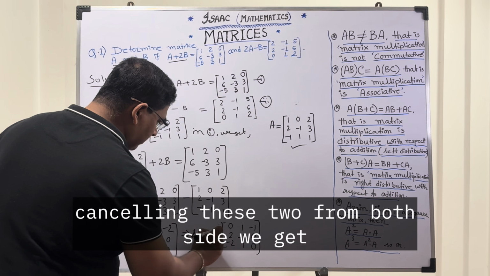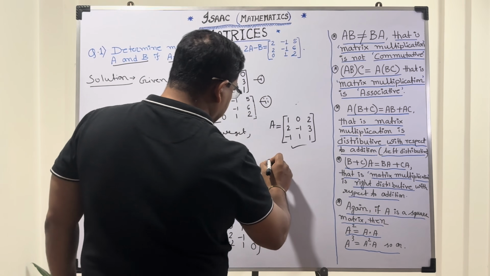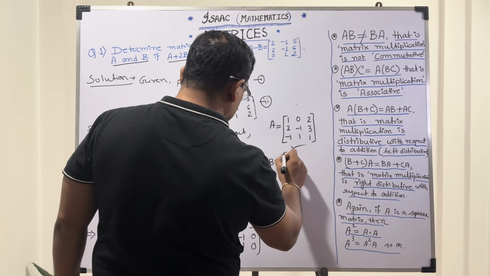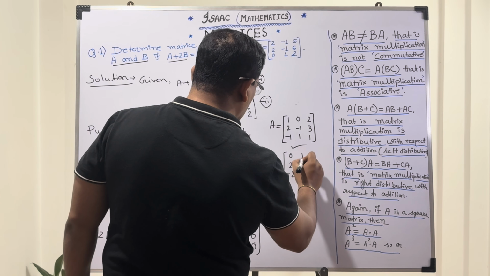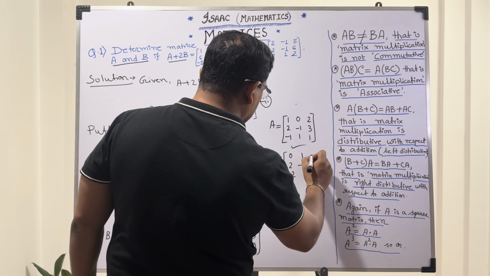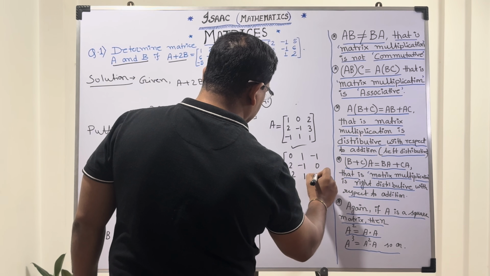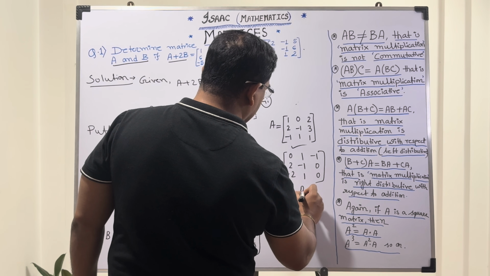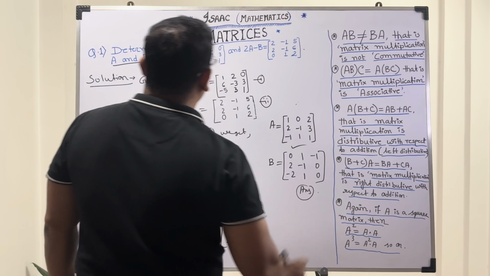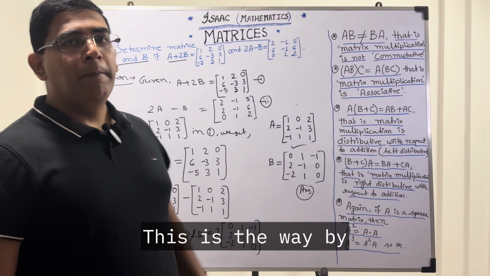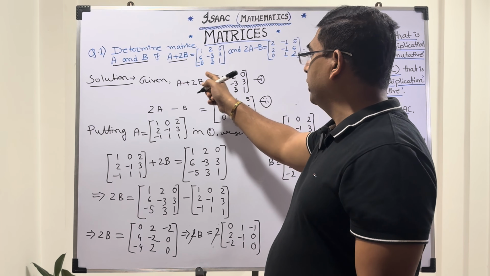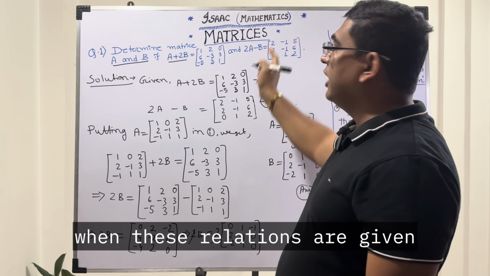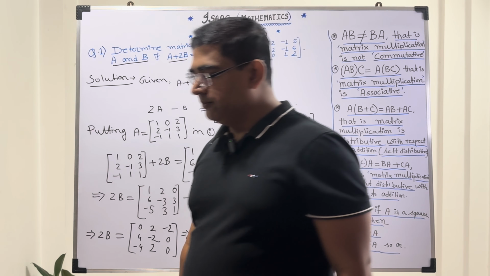Cancelling these two from both sides, we get B is equal to 0, 2, minus 2, 1, minus 1, 1, minus 1, 0, 0. So this is the way by which we can find these two unknown matrices, okay, when these relations are given.